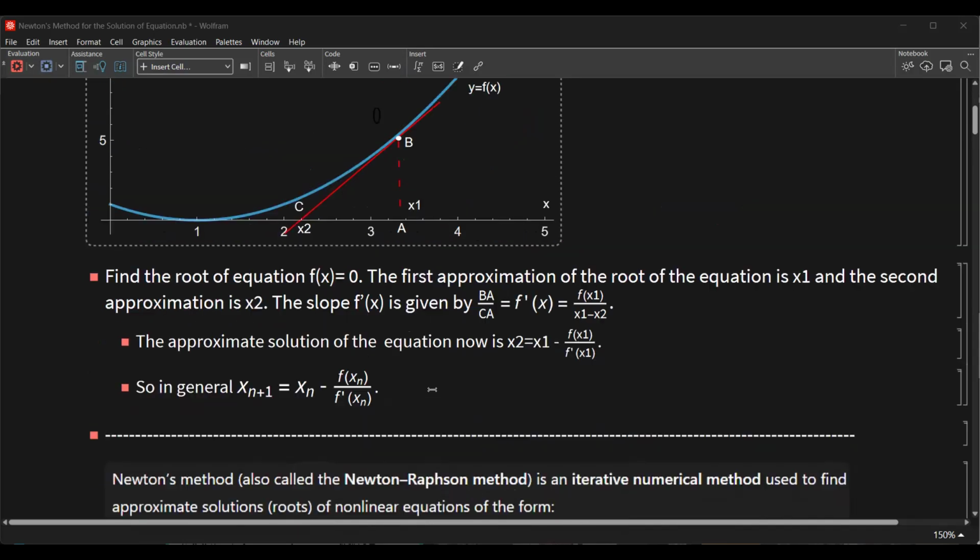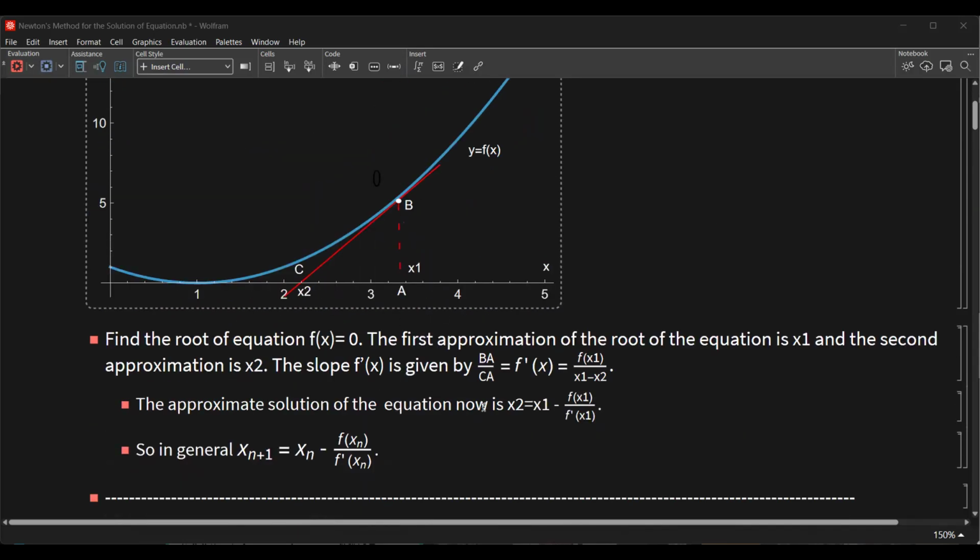For example, this is our first approximation here using this formula, x sub 1. Then we have the second approximation, x sub 1 minus f of x sub 1 over f prime of x sub 1.